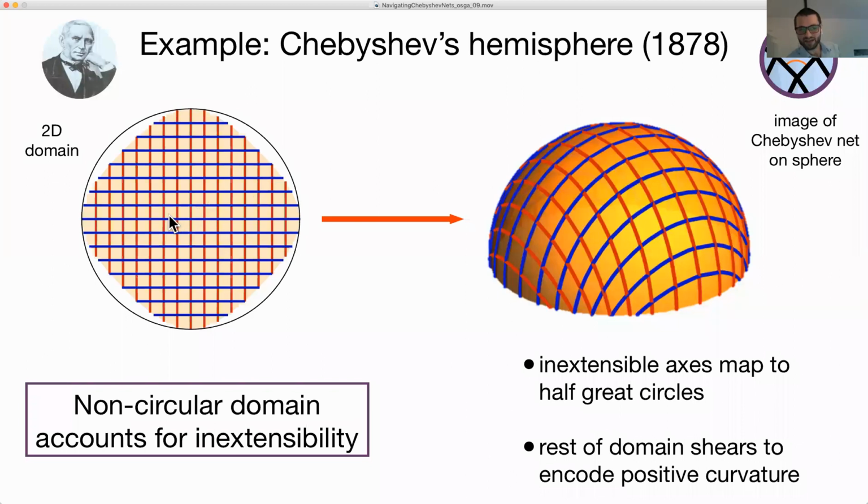So here, the fact that you have inextensibility just in these two directions and the ability to extend in the other directions means that you get shearing at these portions of the net, which give you that extra extension. Compare this region here, where you see shearing, versus here, where the inextensibility condition comes into play.